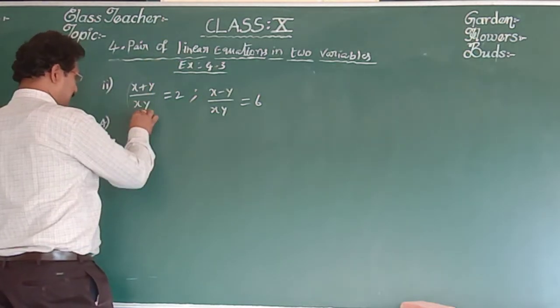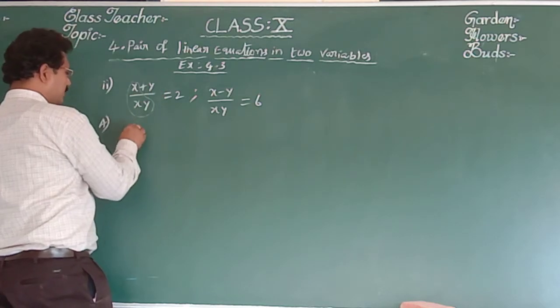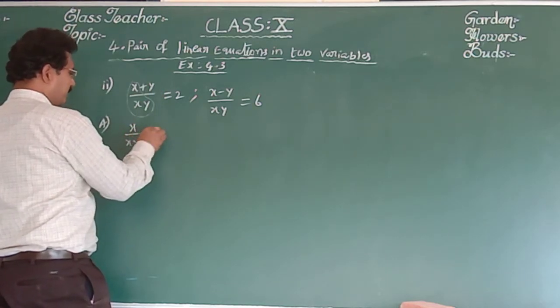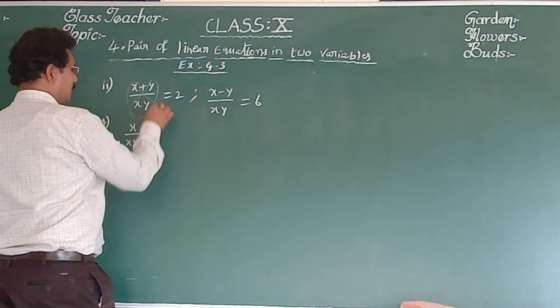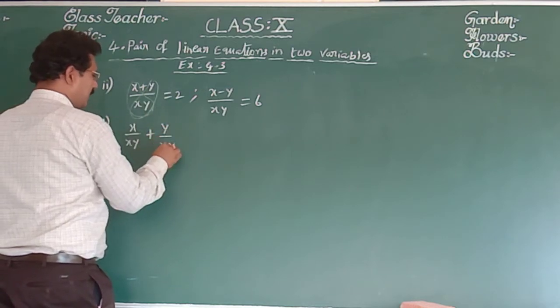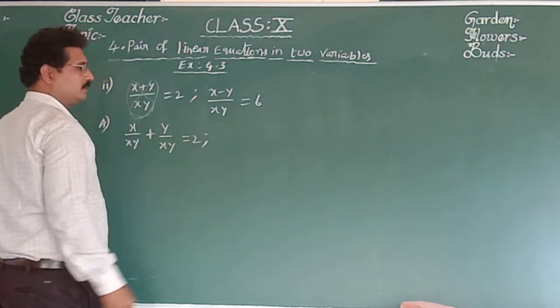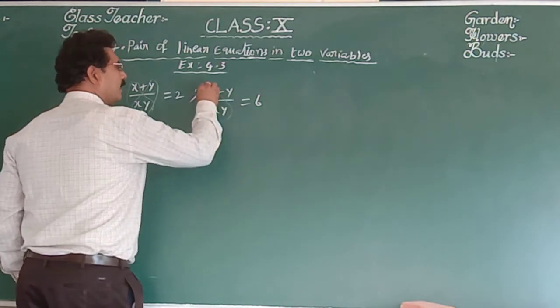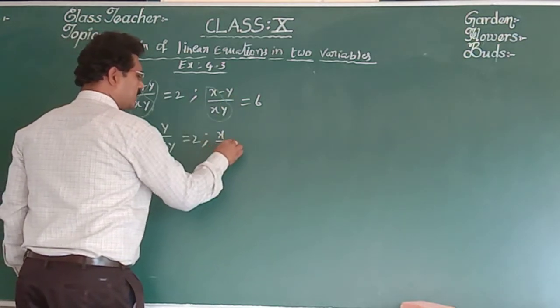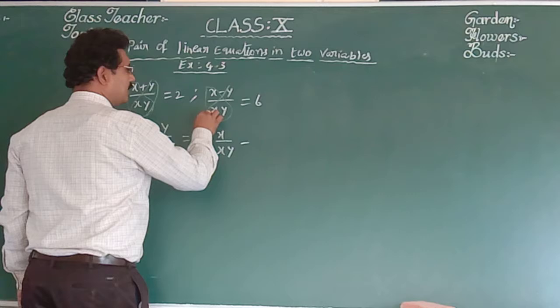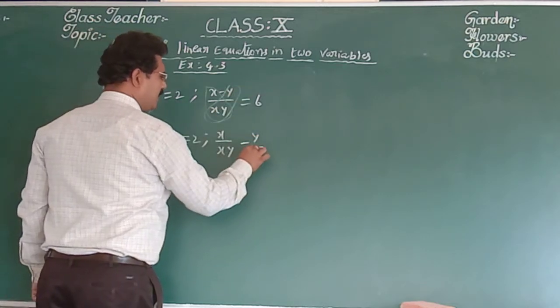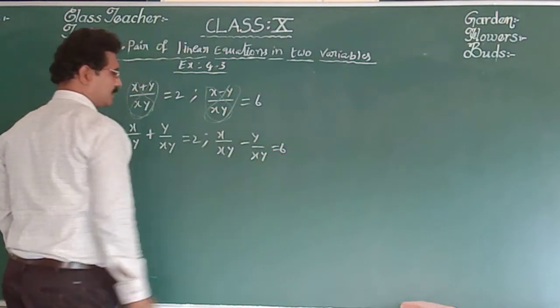So x by xy plus y by xy is equal to 2. In the same way, x by xy minus y by xy is equal to 6.